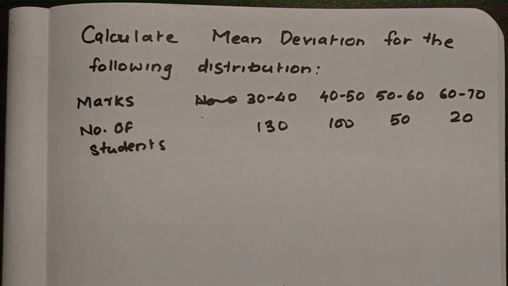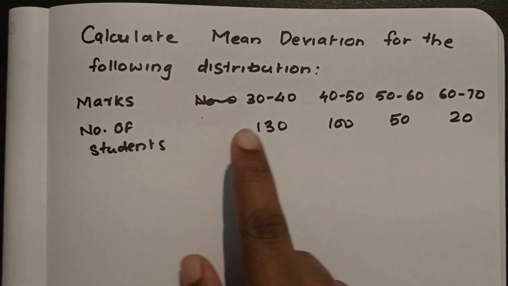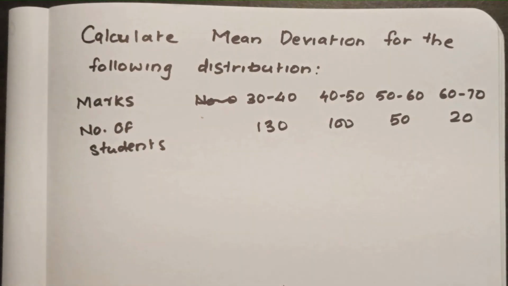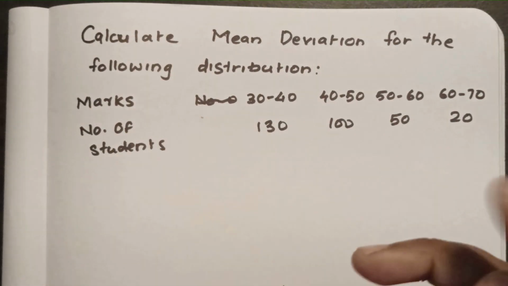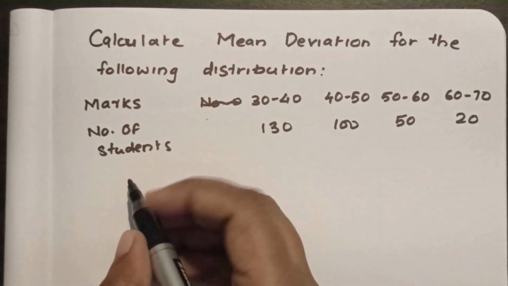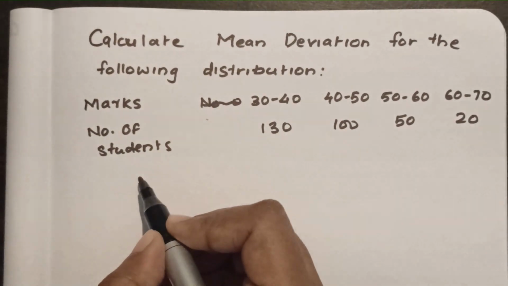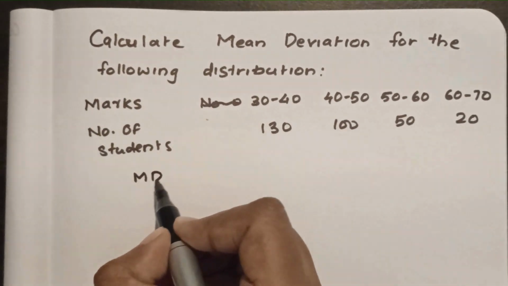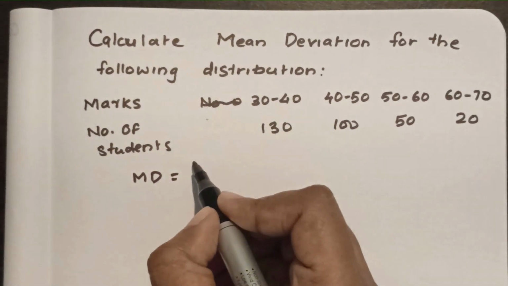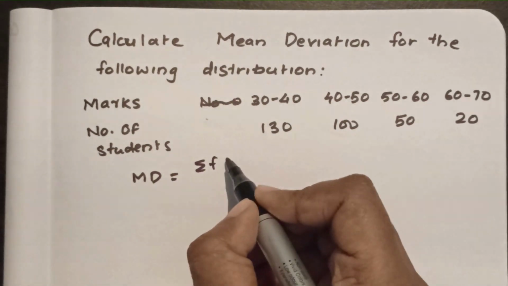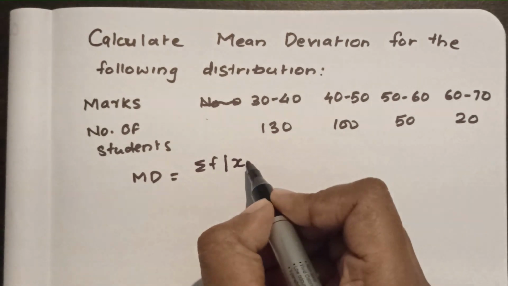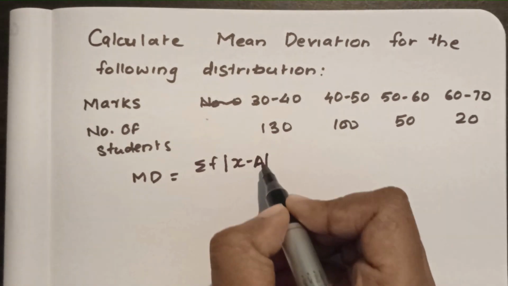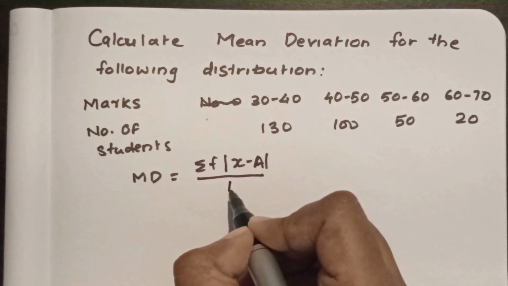Now, I'll rewrite the question so that it is not an issue. First, I'll write the formula for mean deviation. The formula for mean deviation is summation f into absolute value of x minus a, whole divided by n.